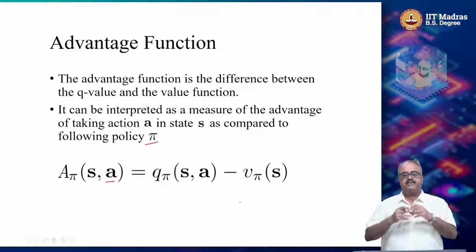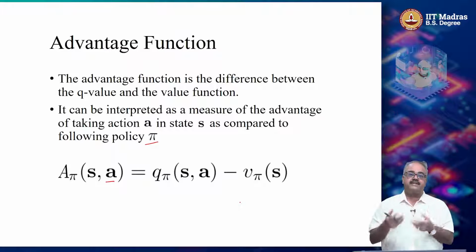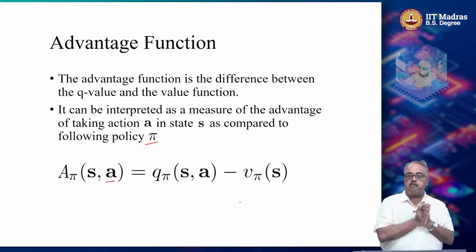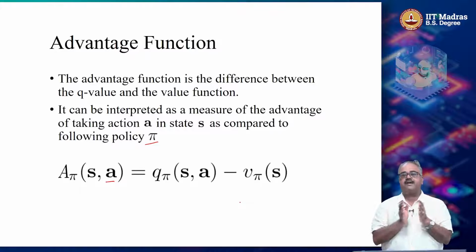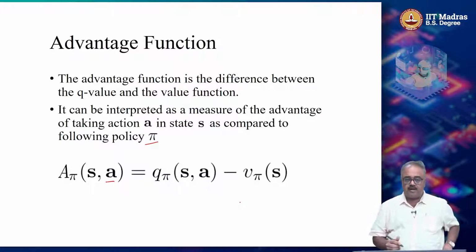So, there could be some action or some distribution over actions mentioned by pi. So, instead of sampling according to pi and doing these actions, if I deterministically take A in state S, how much better can I do than pi. So, that is basically what the advantage function is.